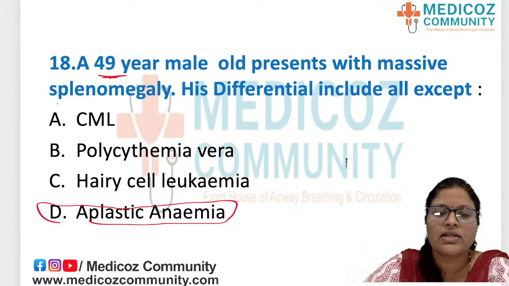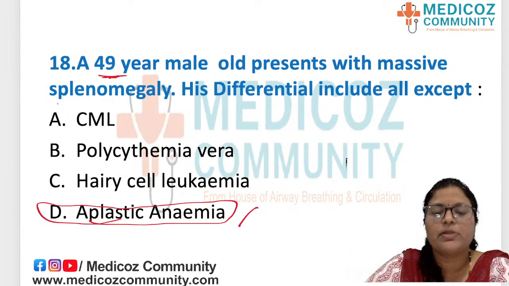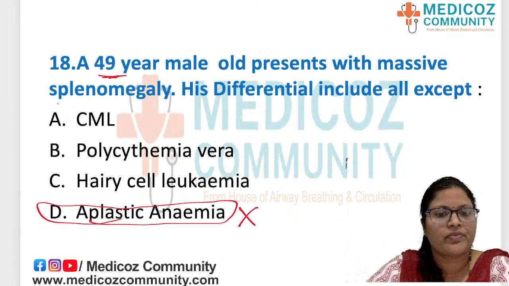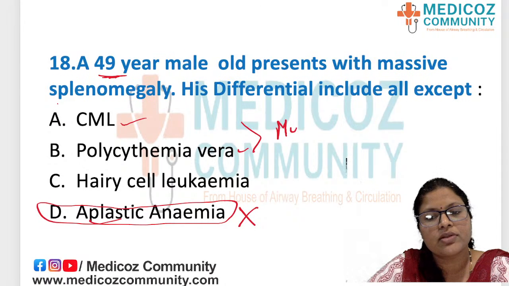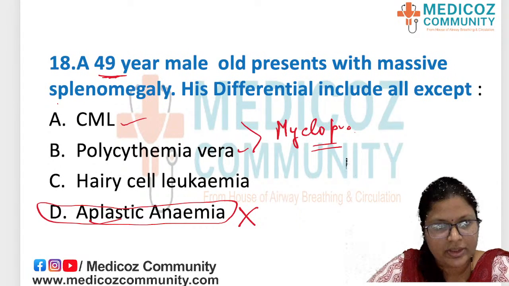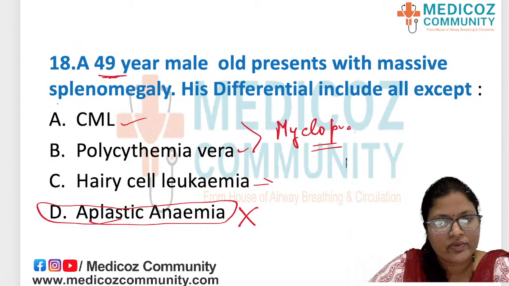This is the answer. You do not see splenomegaly in aplastic anemia. What is CML? What is polycythemia vera? All these are myeloproliferative syndromes, so of course you see splenomegaly. What happens in hairy cell leukemia?